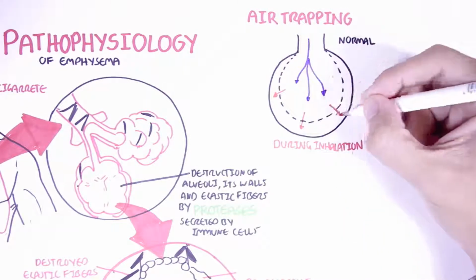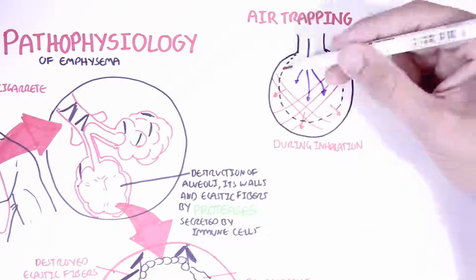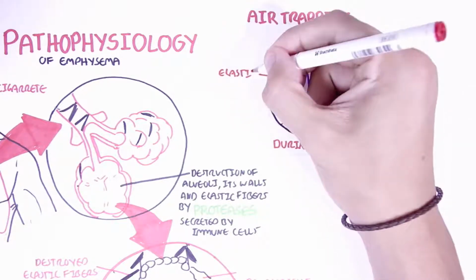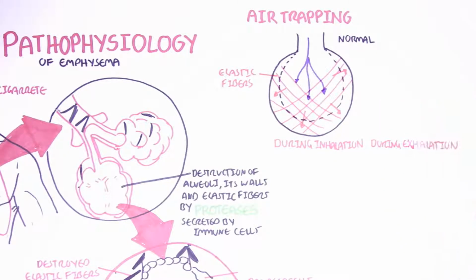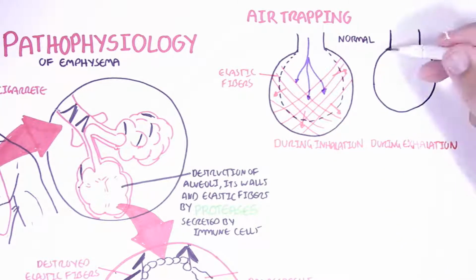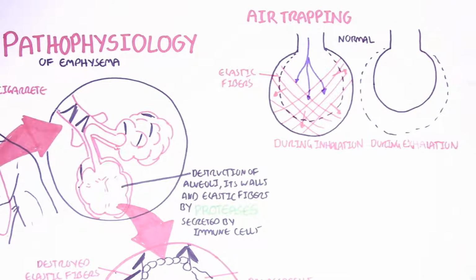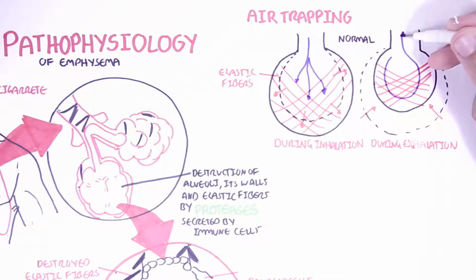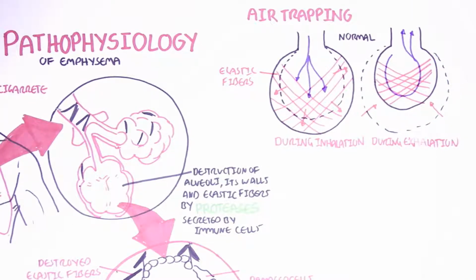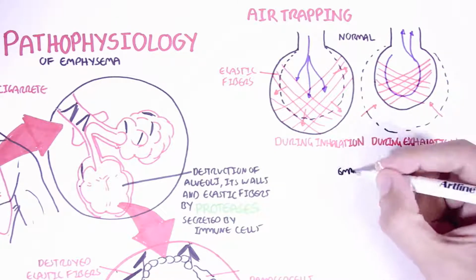The elastic fibers will allow the alveolus to expand when we breathe in. And then during exhalation, the alveolus will essentially deflate. This is because of the recoil of the elastic fibers, big to small. And so during exhalation, air will flow out easily. Hope that makes sense.